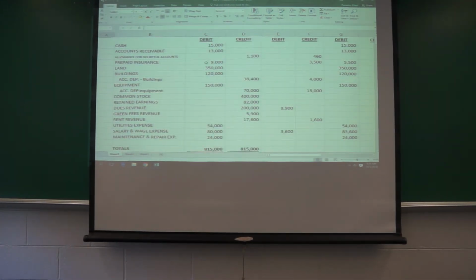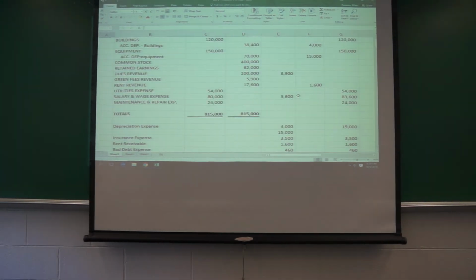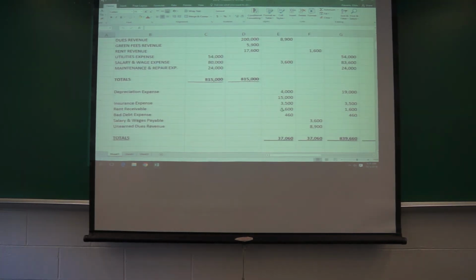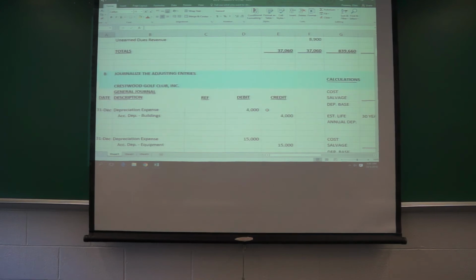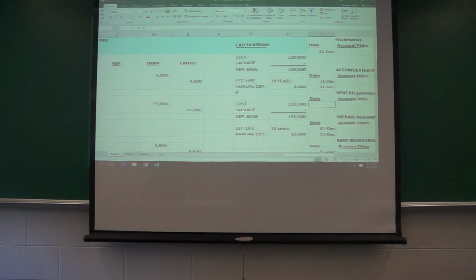Again, you're starting with an unadjusted trial balance, expected to make the adjusting entries and get to the adjusted trial balance. You got a bunch of items that end up down below here that have to be included. So to compute the depreciation expense, there's no salvage, 30 years, so the annual is $44,000.